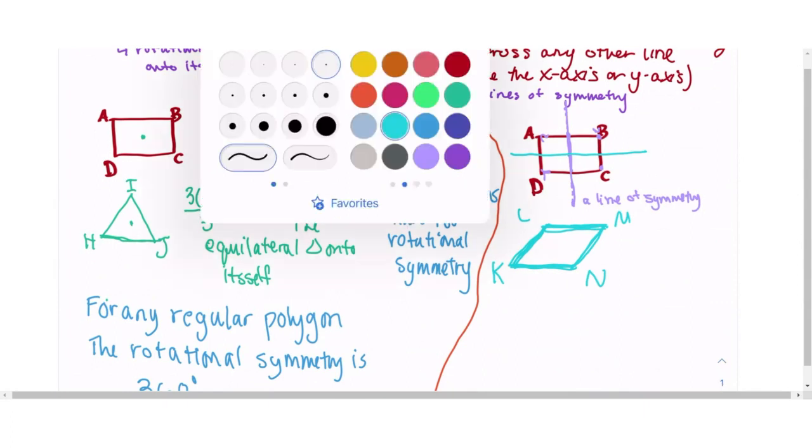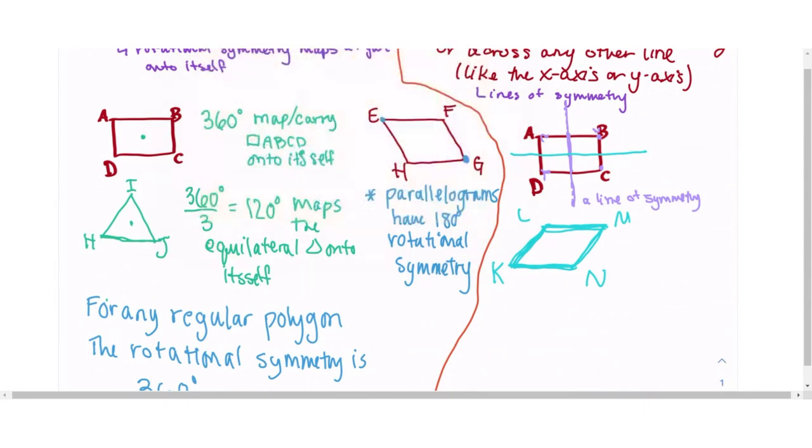So let's look here. If I took a line across KM, it'd fold perpendicularly. N would actually end up right there, and it's not going to line up. See what I'm saying? It looks like it should, but if we actually folded it across that line, it would not line up. So KM would not line up.